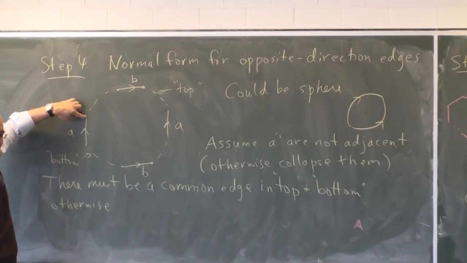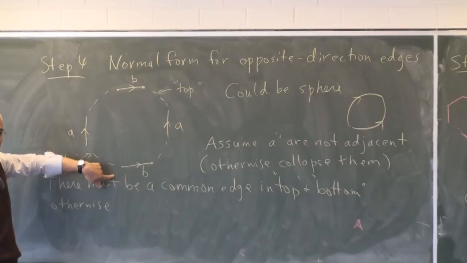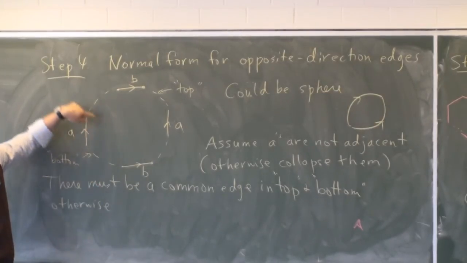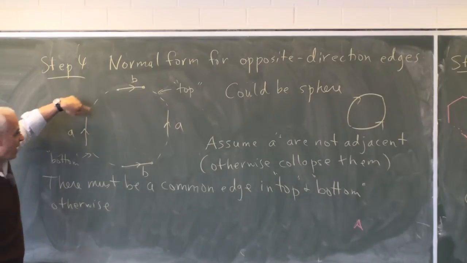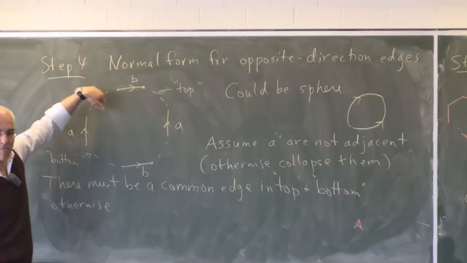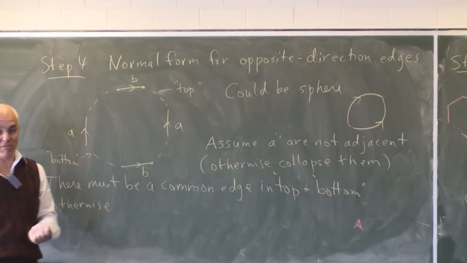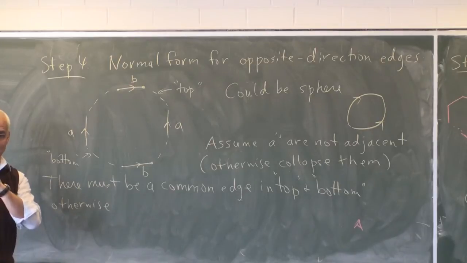So that means there must be one way when we go around and match up. At some point we have to come back down to the bottom when we're going around that vertex. Otherwise, if we just looped around here, there would be one vertex up in this top part, and there'd have to be another vertex in the bottom part. But we've already arranged that there's only one vertex.